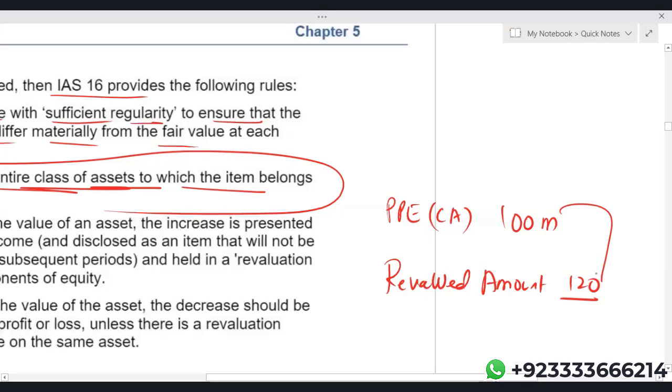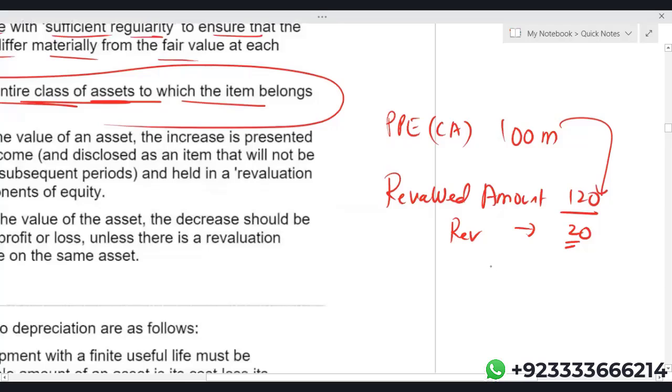So this asset from 100 will become 120. So we have to recognize the revaluation surplus of 20 million. What will be the double entry? Very simple. Property, plant and equipment will be debited by 20. Revaluation surplus, which will go to OCI, other comprehensive income, will be credited by 20.